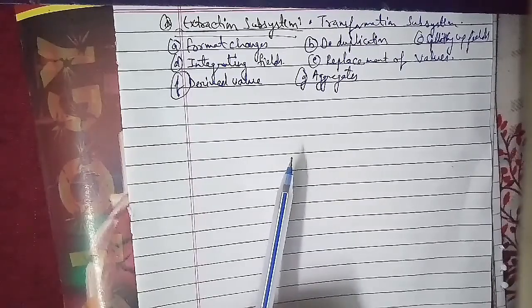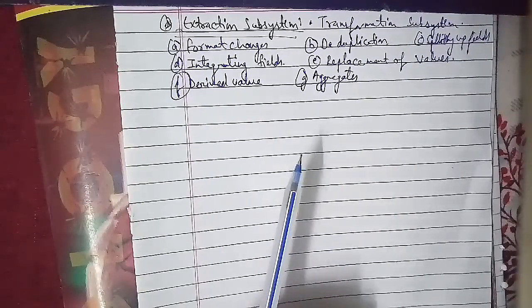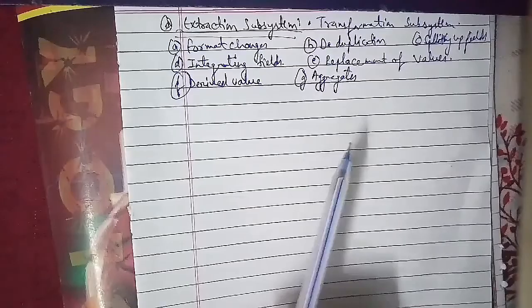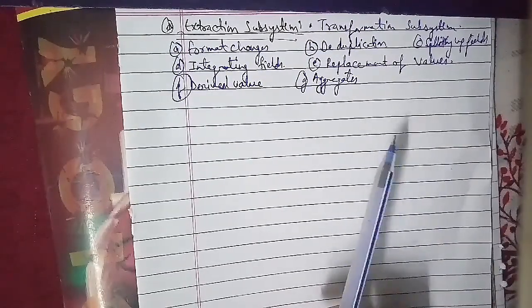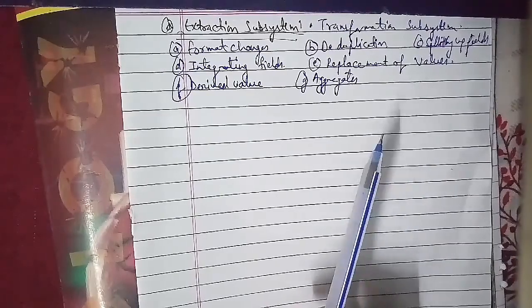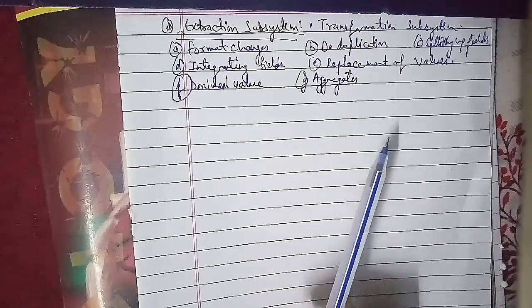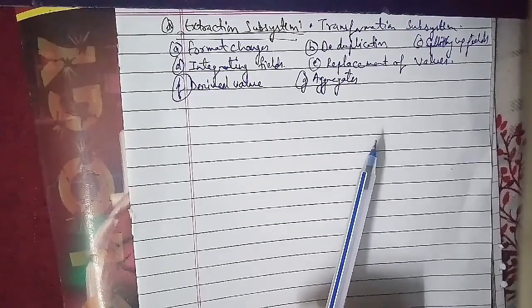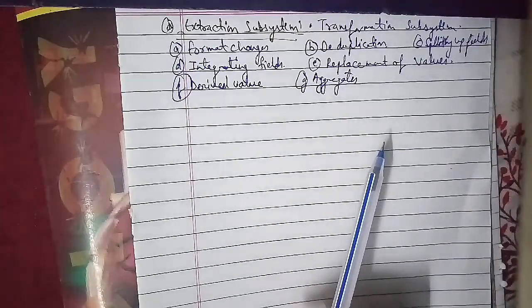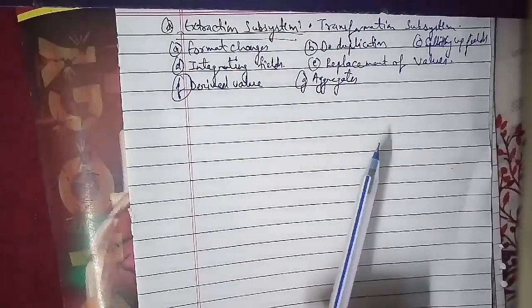This is the extraction and transformation subsystem, and here is a fact, with dim1, dim2, dim3, dim4.